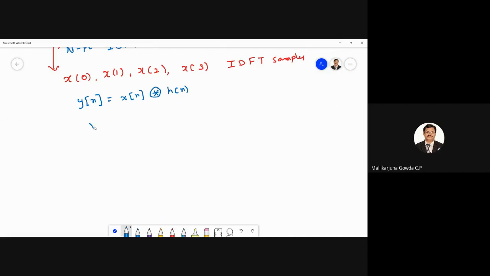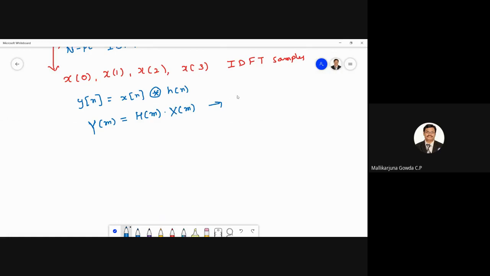In frequency domain, I wrote y of m will be equal to h of m into x of m. So with this I said the circular convolution in frequency domain will be what? It becomes a product of their Fourier transforms, right?